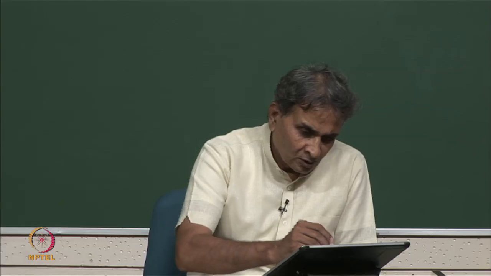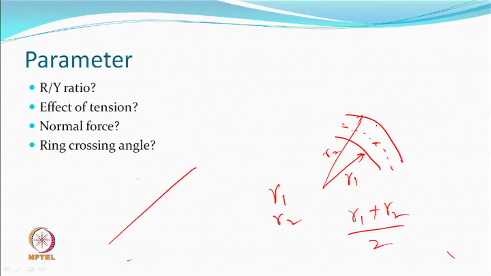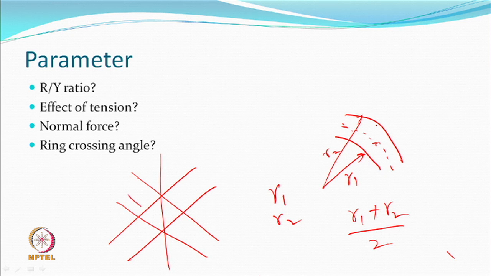In the case of the belt, this was not so much of a problem, because every part of the belt was moving in the same direction all along.